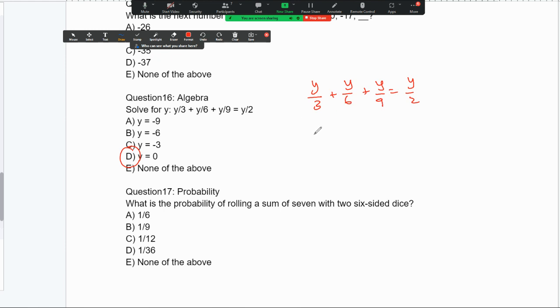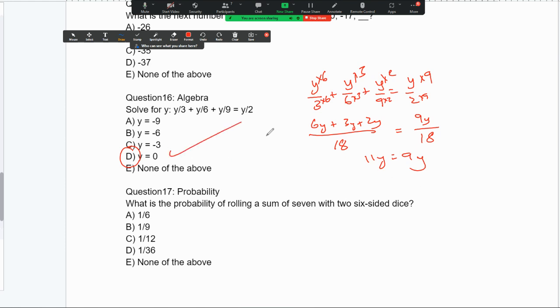If the common denominator is 18, then I can multiply this by 6, multiply this by 3, multiply this by 2, and multiply this by 9, getting me 6y plus 3y plus 2y, and it's 9 plus 2, which is 11y equals 9y, so definitely 0 and nothing else.